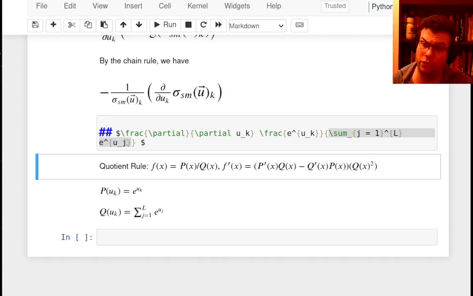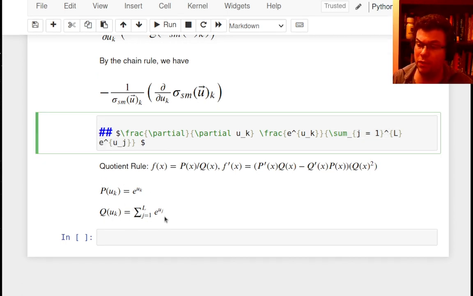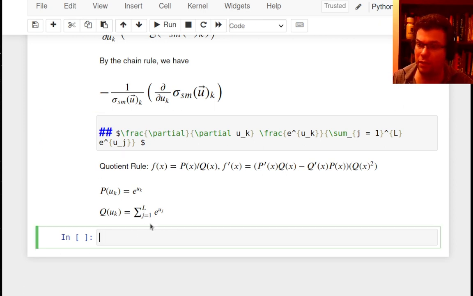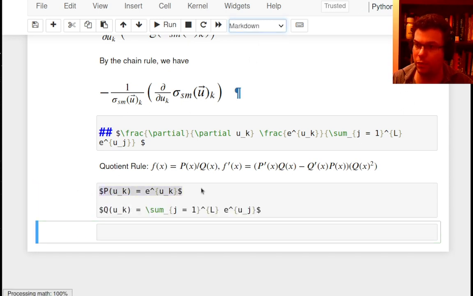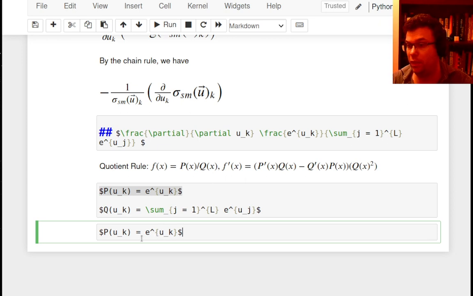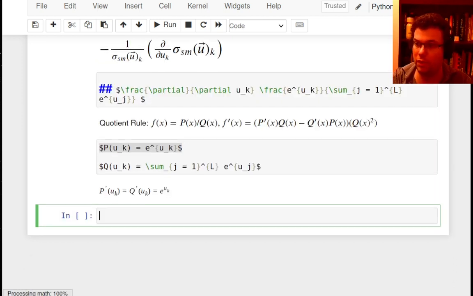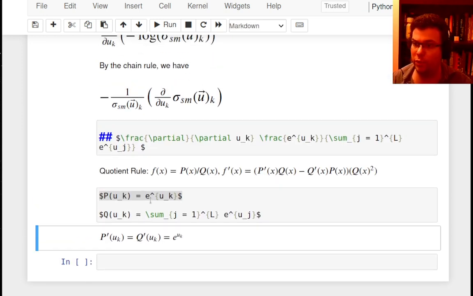The derivatives of these two are the same because the other terms are constant in the denominator. So the derivative of both is just e to the u_k, because the derivative of e to the x is itself. So p prime of u_k equals q prime of u_k, which equals e to the u_k. Now we just have to do a little bit of plug and chug.